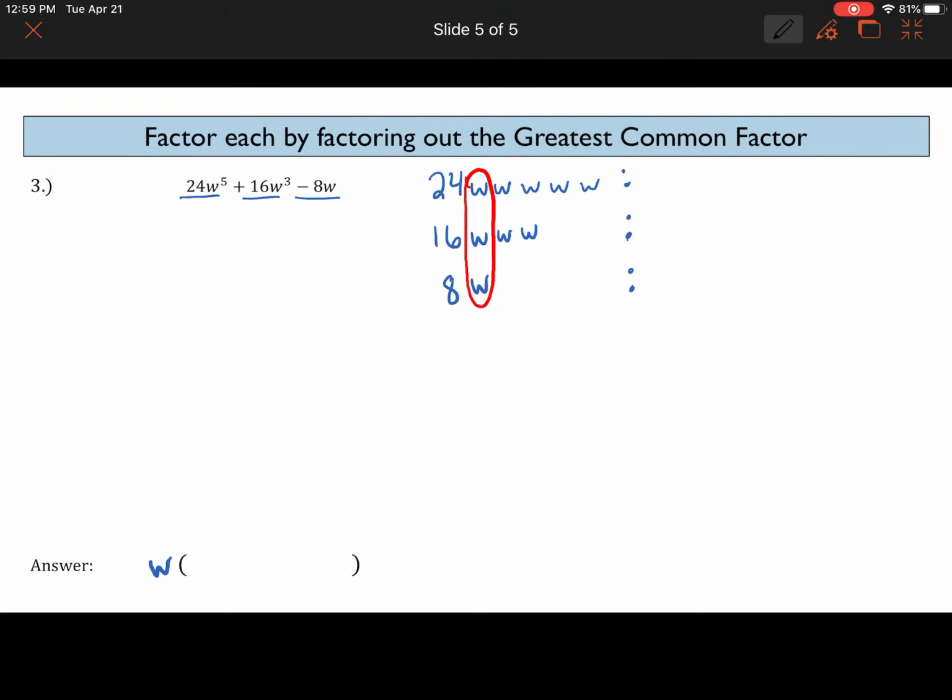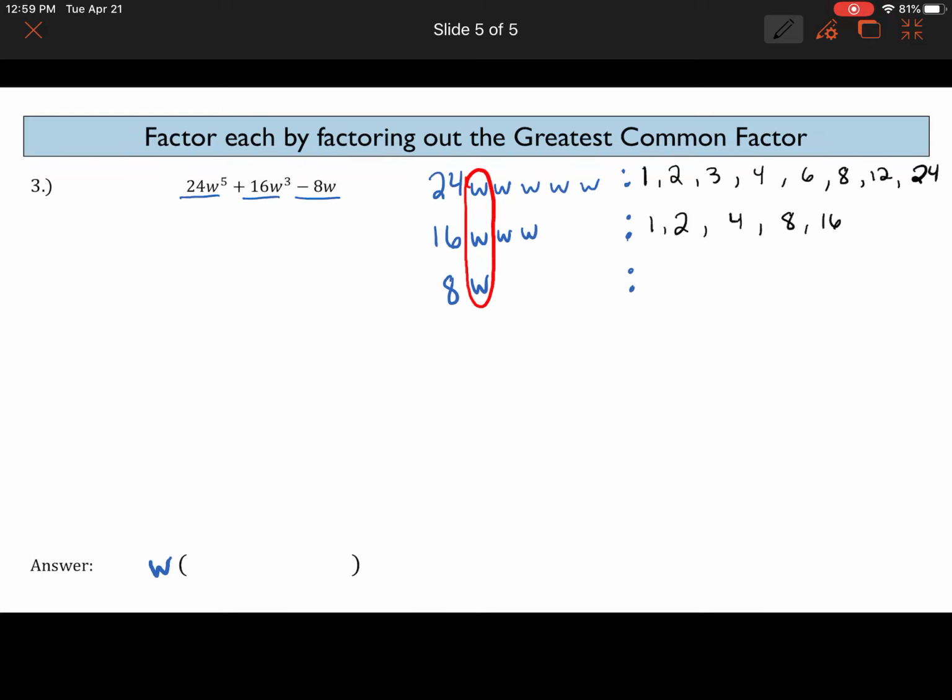Now I'm going to write my factors of each number. So 24, we just did 24, right? 1 times 24 is 24, 2 times 12 is 24, 3 times 8 is 24, and 4 times 6 is 24. 16, I have 1 times 16 is 16, 2 times 8 is 16, and then 4 times 4 gives me 16.